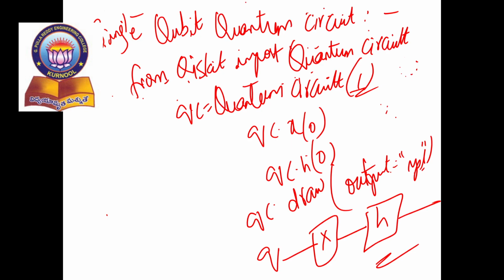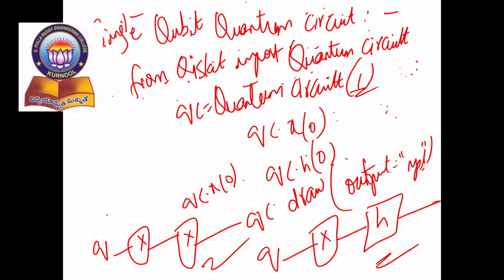We can also add the same gates. Here we can add again QC dot X of 0. The output will be a single qubit with the X gate, and again we are applying the X gate and this is the output.